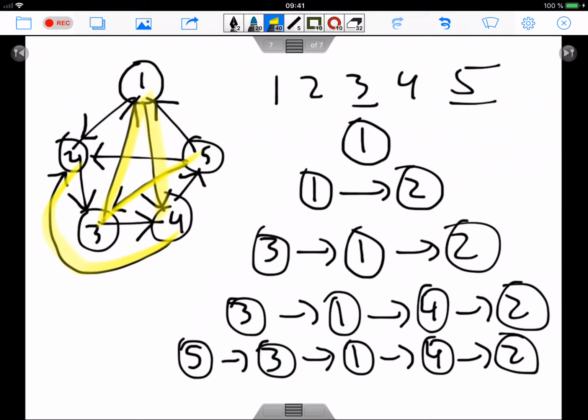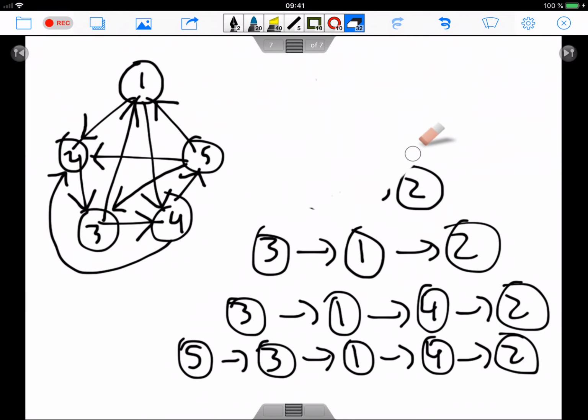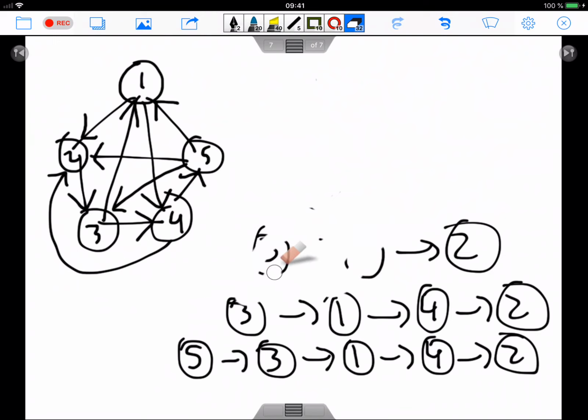Okay? Let's do another application of this algorithm, but with a different order. So I'm going to delete all this, and I'm going to choose a different order.